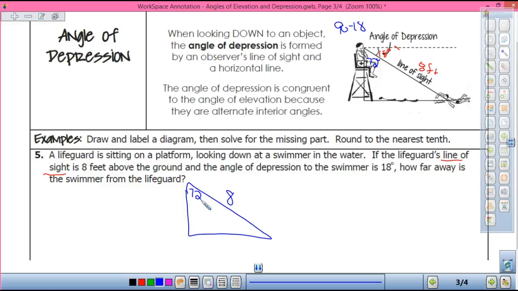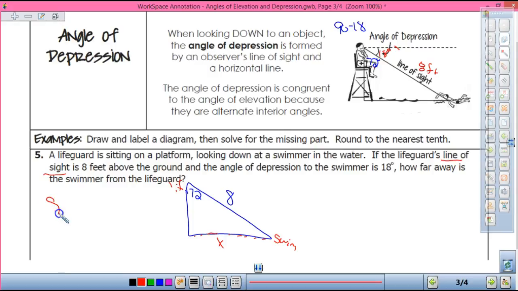And they want to know how far away is the swimmer from the lifeguard. What is that? The bottom, right? So this is my swimmer over here. This is my lifeguard. To get to the lifeguard, the swimmer would have to go that distance right there. So how am I going to do this?